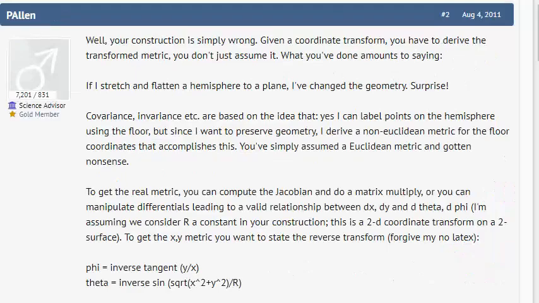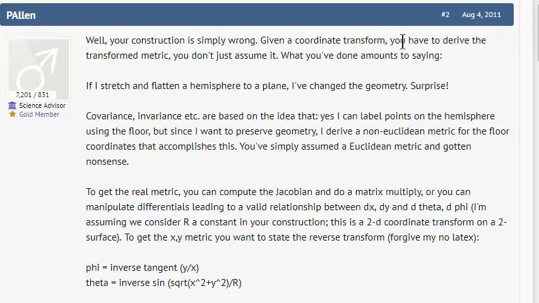Okay, what is PAllen's first response? Your construction is simply wrong. Given a coordinate transform, you have to derive the transformed metric. You don't just assume it. What you've done amounts to saying, if I stretch and flatten a hemisphere to a plane, I've changed the geometry. Surprise.